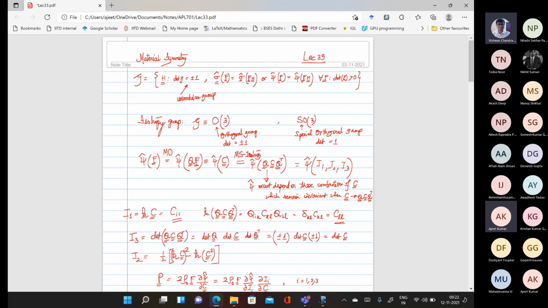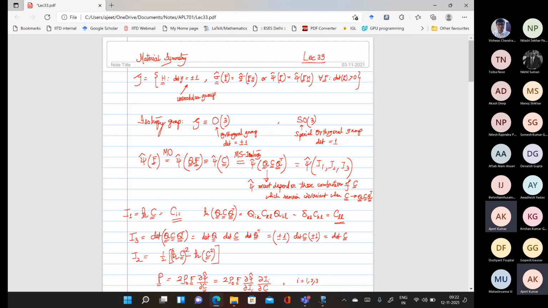Compressibility and incompressibility factor depends on J, that's why you choose J there. Are you talking of the example that we did for the compressible fluid?